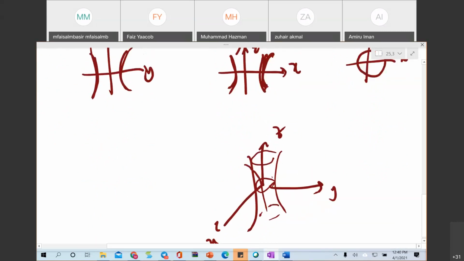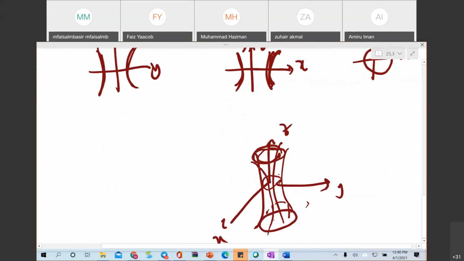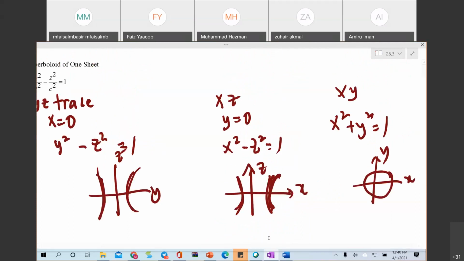Zx is something here, same also. When you draw properly, it is just something like this. So inside them we have a circle. This is the hyperbolic one sheet.